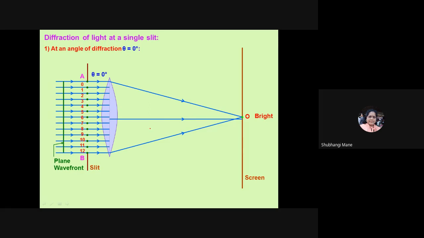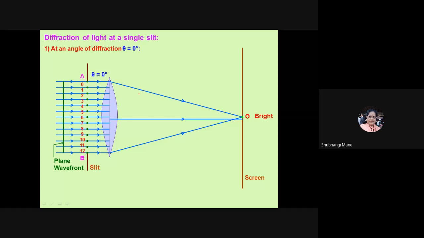What is the difference between Fresnel's class of diffraction and Fraunhofer's class of diffraction? Let us remind things. In Fresnel's class of diffraction, either a spherical or cylindrical wavefront is to be used. Second difference, no lens system is used, right?